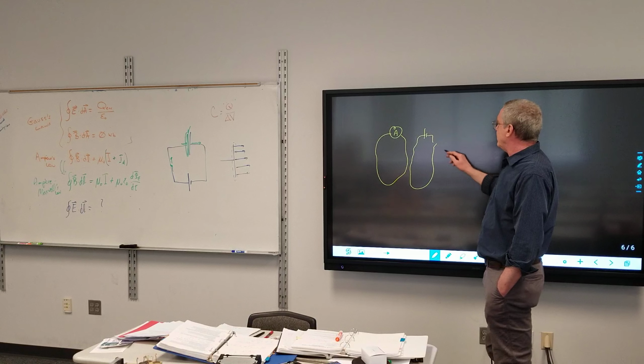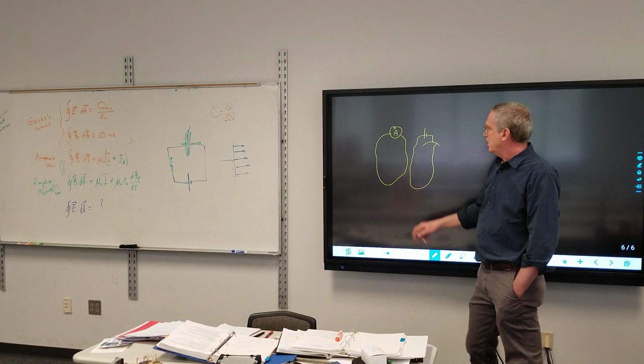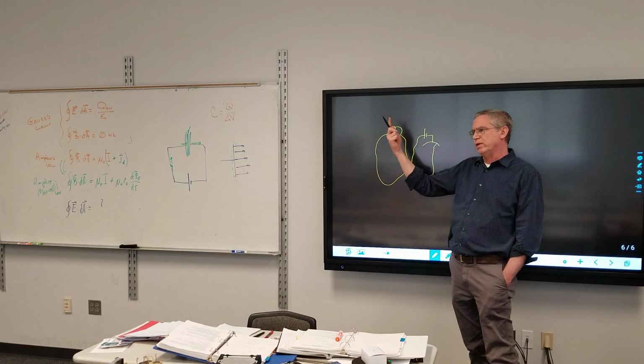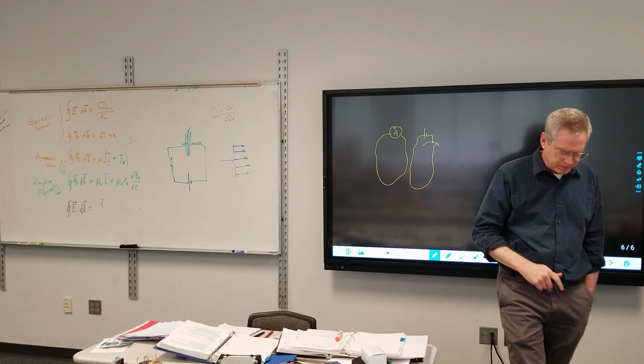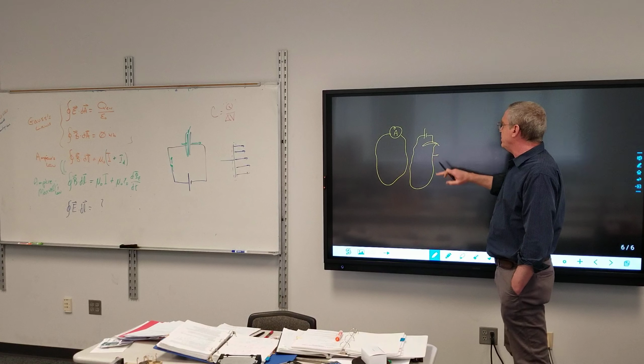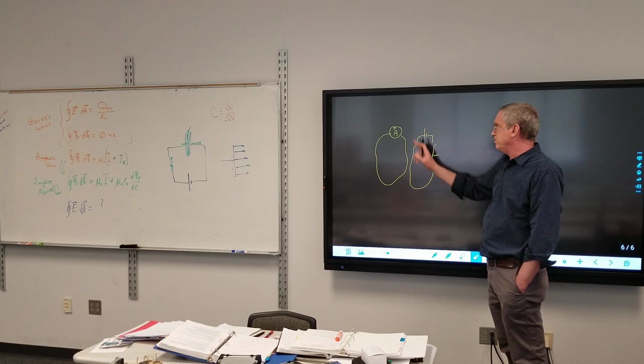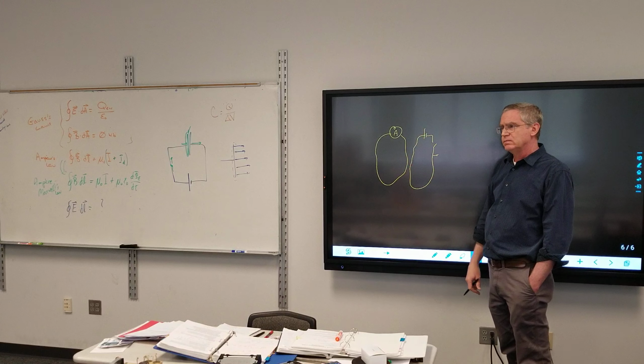And he noticed that if you close that gap, the ammeter needle is going to flick. It'll flicker and then go back to 0. When he opens it back up, the needle flicks the other direction.